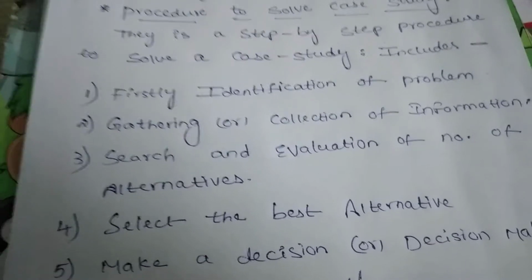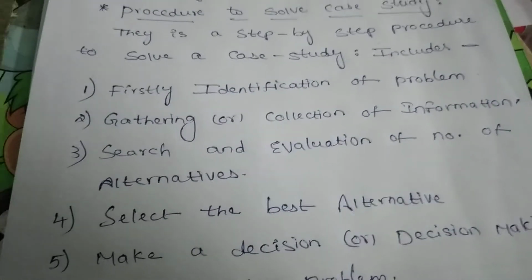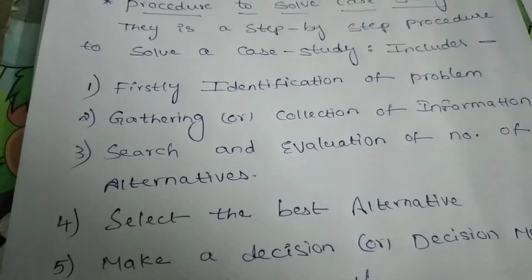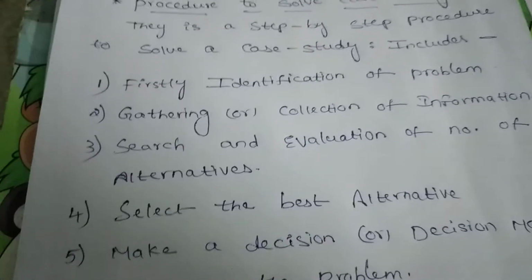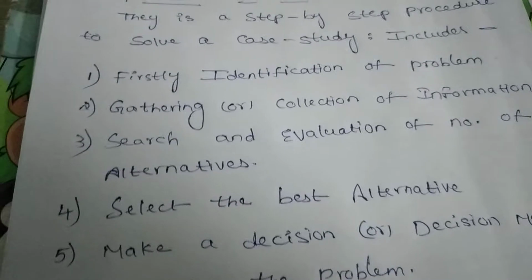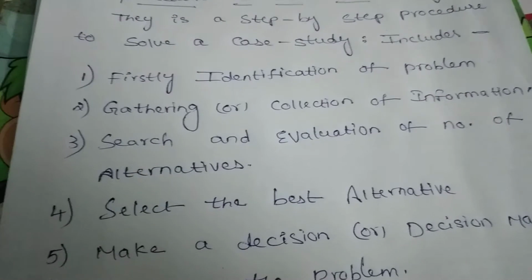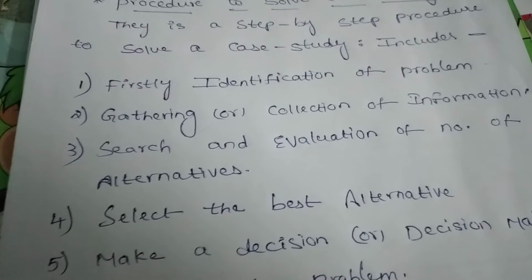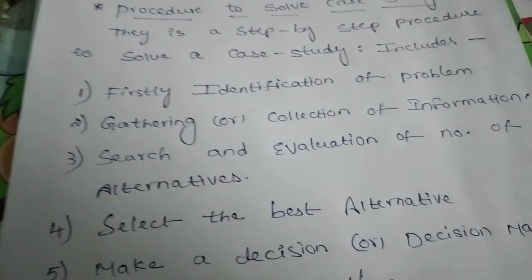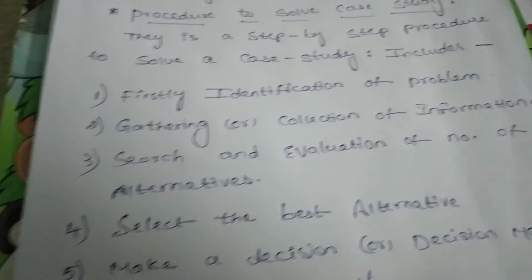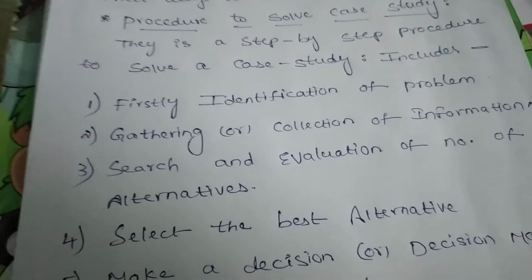Next, after gathering the information, we need to search and evaluate a number of alternatives. We should search for the alternatives: a range of creative policies and management alternatives designed to address the approaches to the problem. There are so many approaches, so many options or opinions, given for the problem in management.